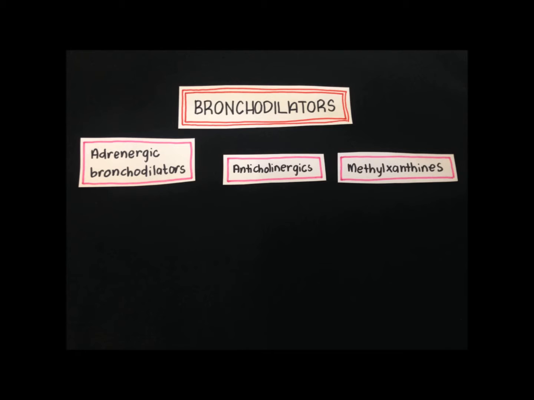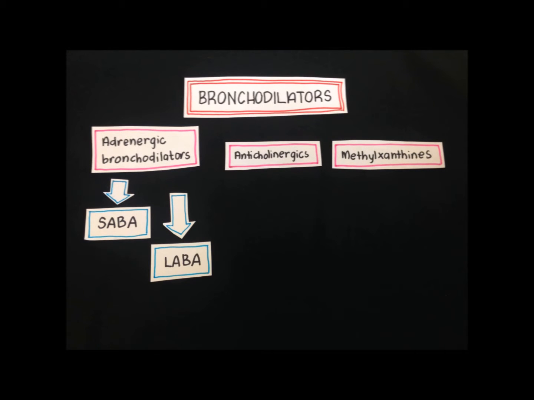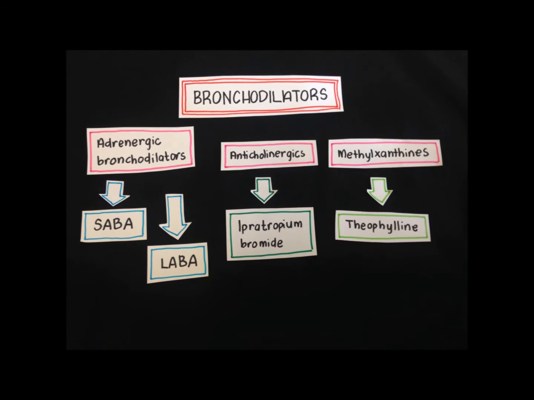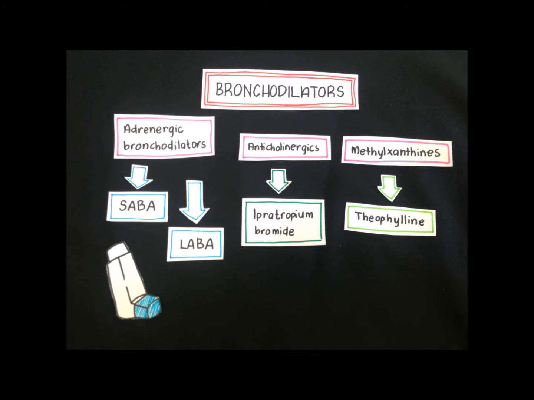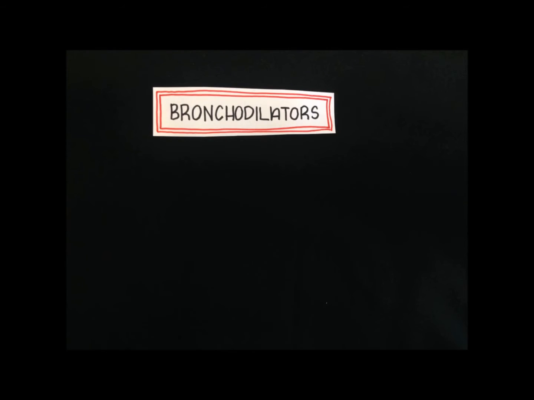Examples are adrenergic bronchodilators, anticholinergics, and methylxanthines. Examples of adrenergic bronchodilators are short-acting beta-agonists and long-acting beta-agonists. The drug for anticholinergic is ipratropium bromide and for methylxanthine is theophylline.